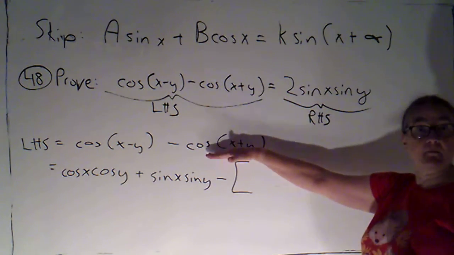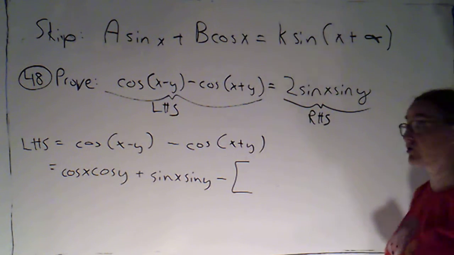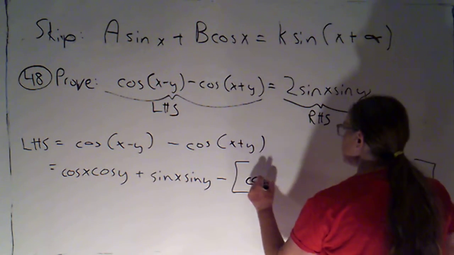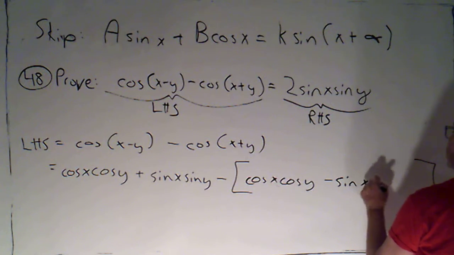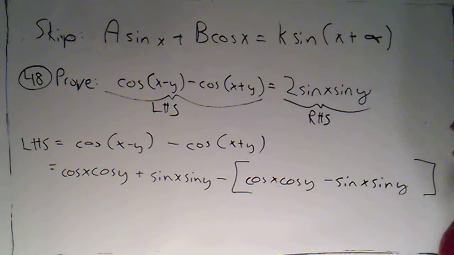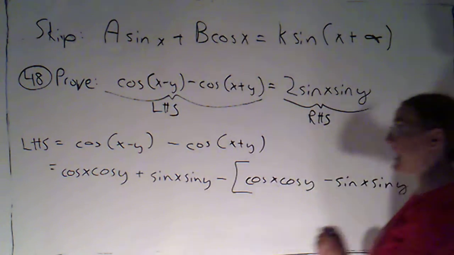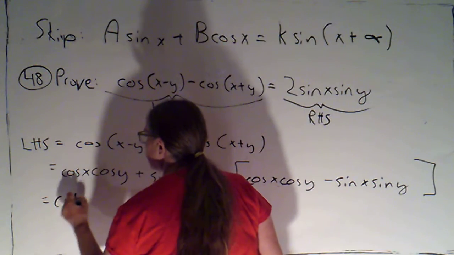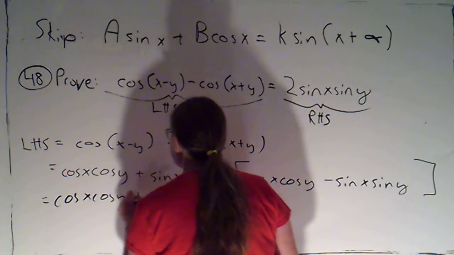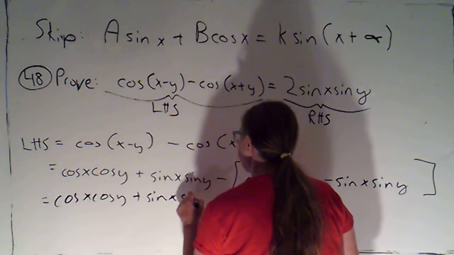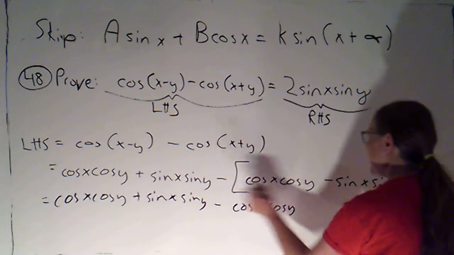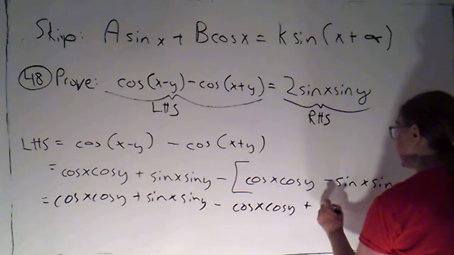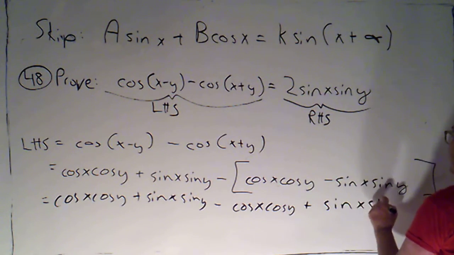But of course, the sum formula is going to give me a sum of two terms. So that's cosine x, cosine y, minus sine x, sine y. So now I have to distribute that negative. So we'll have cosine x, cosine y, plus sine x, sine y, minus cosine x, cosine y, that's nice, minus a negative is plus sine x, sine y.